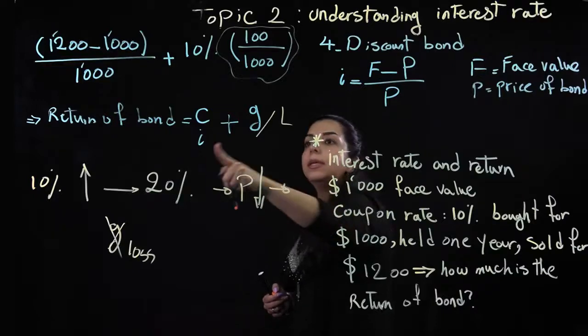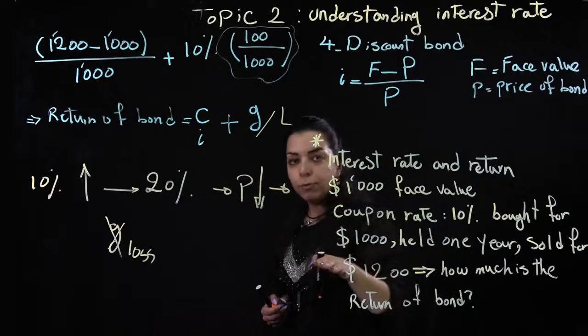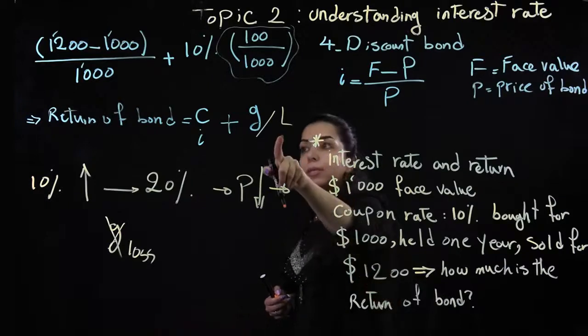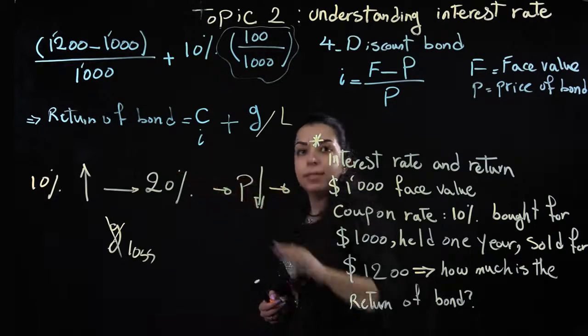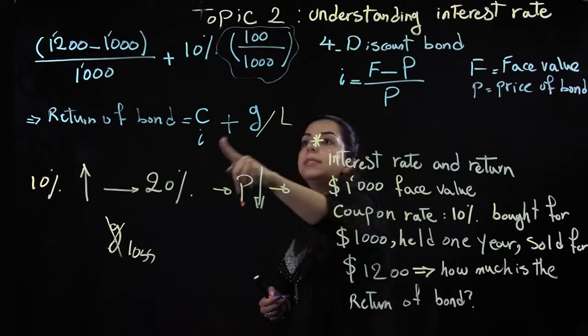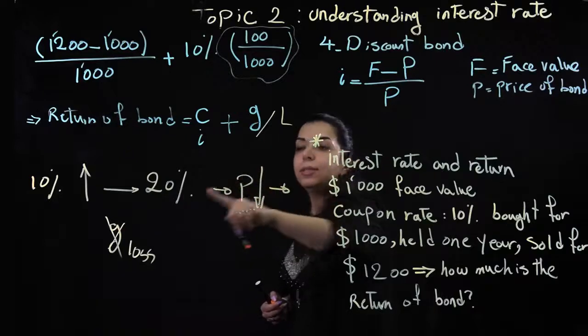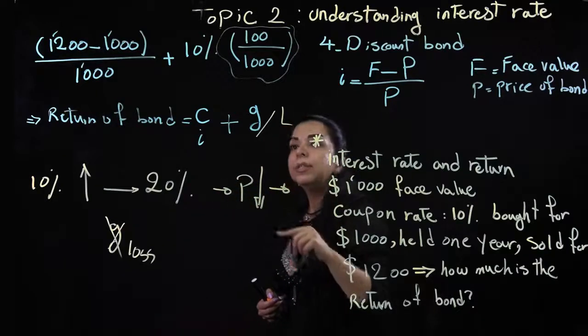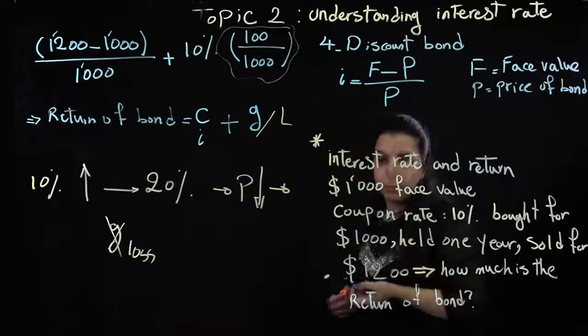If the loss is equal to the interest rate, there will be no gain on the bond. If the loss is more than the interest rate, it means that the bondholder is in loss. If the loss is less than this, it means that although the interest rate in the market has increased, the bondholder is yet earning something, is gaining something.